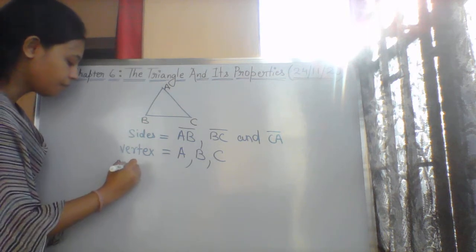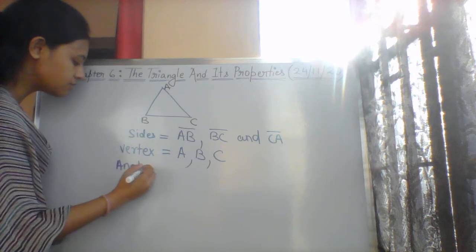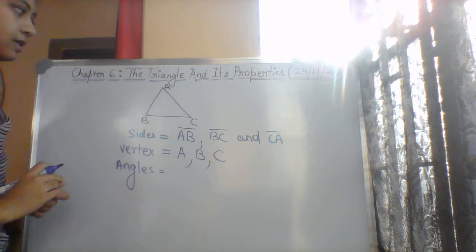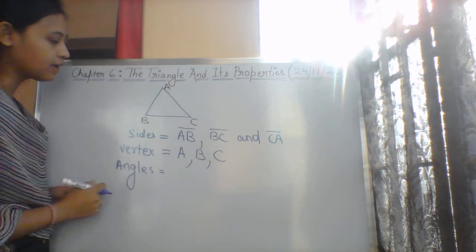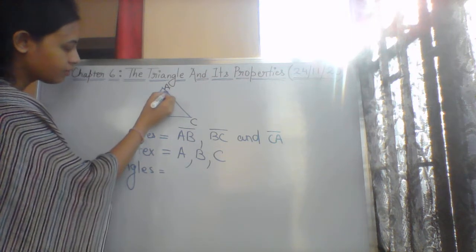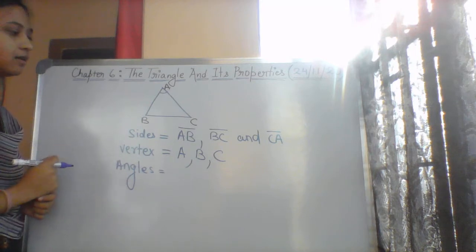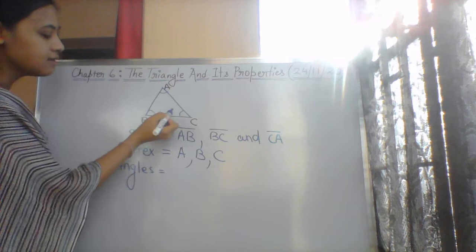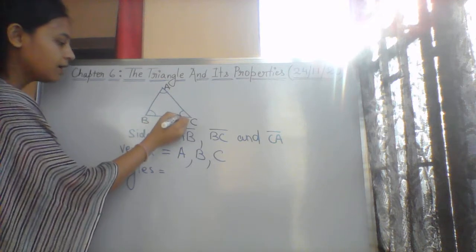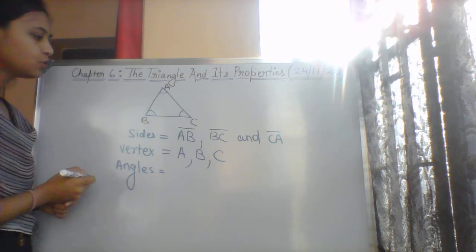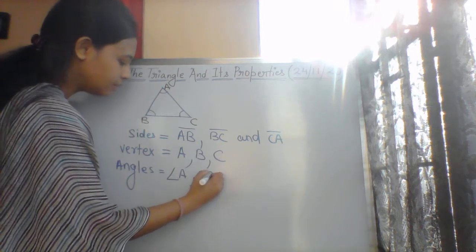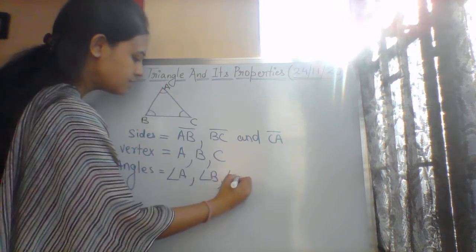The angles concept is very much clear to you, I hope, because we have already learned. So what are the angles we can see inside the triangle? Angle A, angle B, angle C. So can you name those angles?